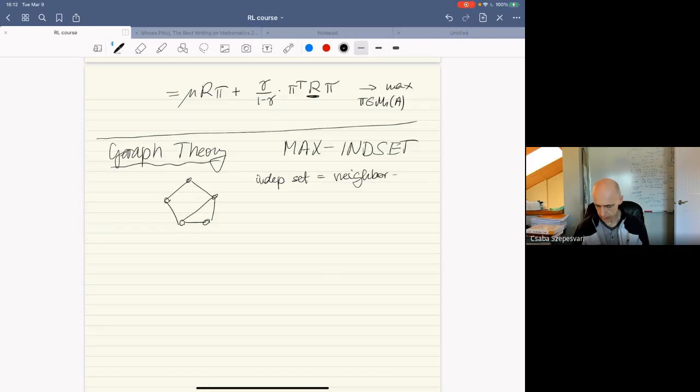I don't know why they don't call it like that. So it's like you want to select vertices such that if you selected a vertex, then all the neighbors of the vertex are forbidden to be selected. So now I can select this, but if I selected this, then there is nothing else to be selected. And you want to select the vertex set, which has the maximum number of vertices in it. So that's called the maximum independent set problem. It's one of the classic NP-hard problems.